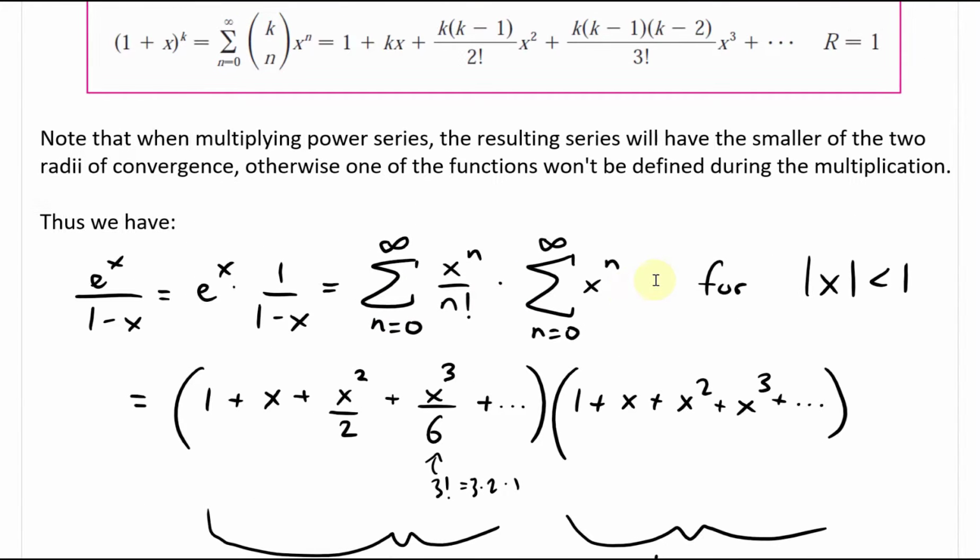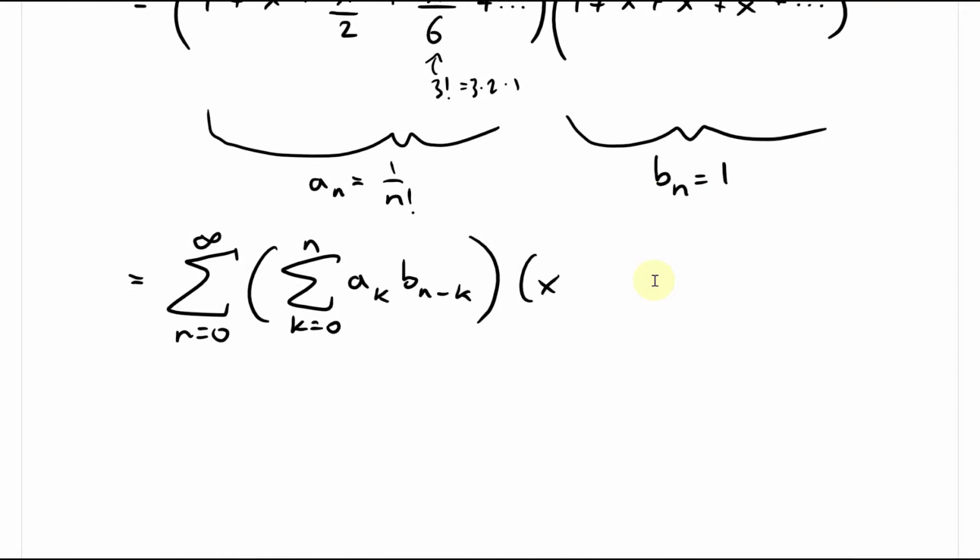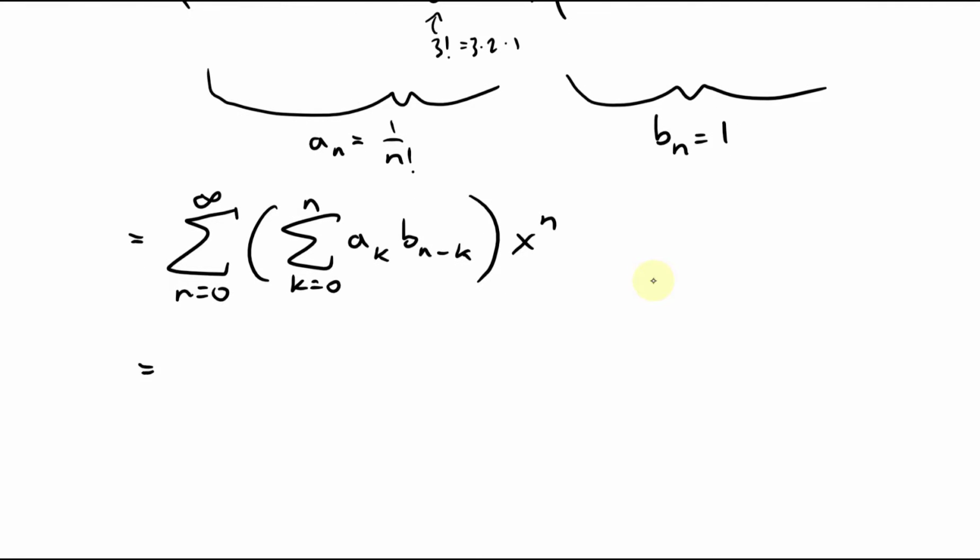Because remember, this is a Maclaurin series, so x naught is equal to 0, so this can be x to the n. In other words, the first term is from n equals 0 up to 0, so k equals 0, so it's going to be a 0 times b 0. 0 minus 0 is just 0.